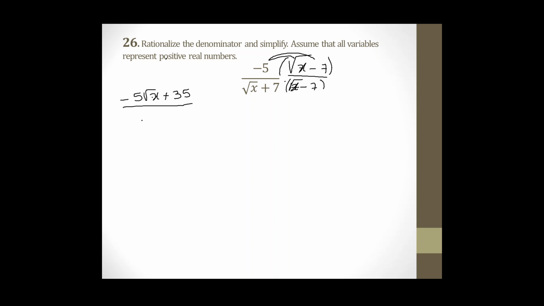Square root of x times square root of x is square root of x squared, where the square and the root cancel each other out, leaving us with just x. So that's why I got this x. And then this is going to be negative 49.